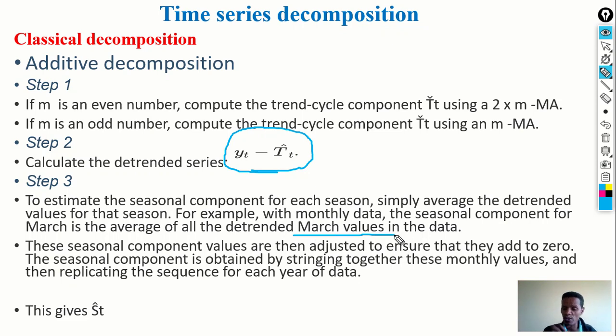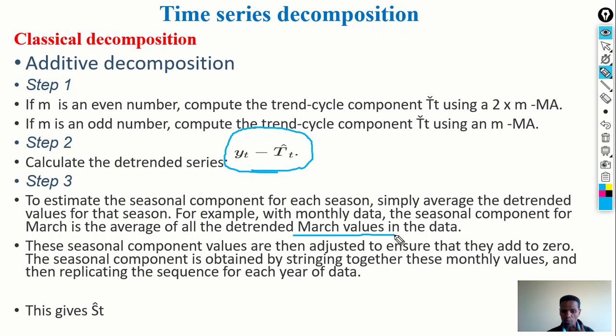Now, these seasonal component values are then adjusted to ensure that they add to 0. When we add all these seasonal components, the sum will be 0.